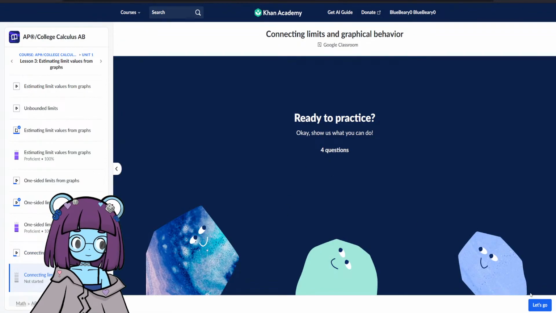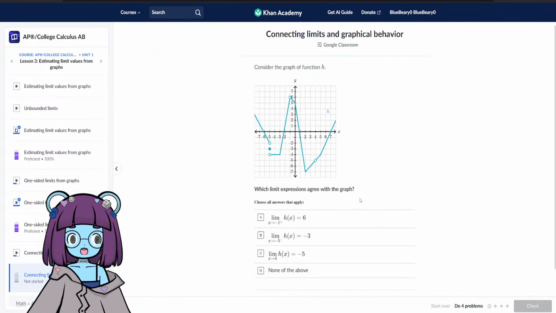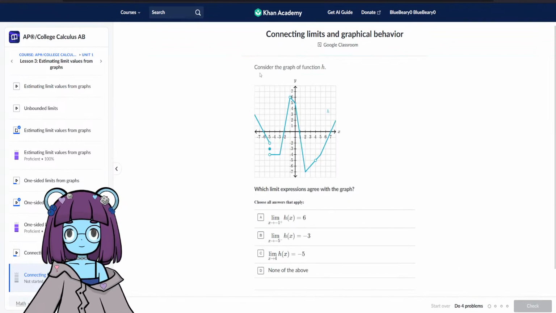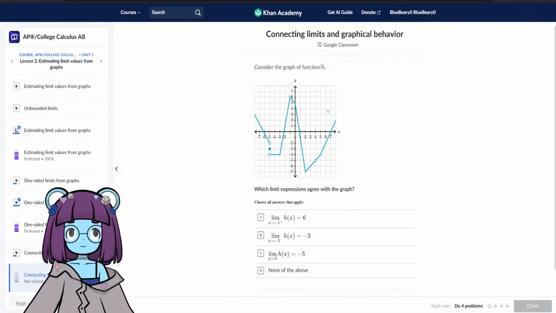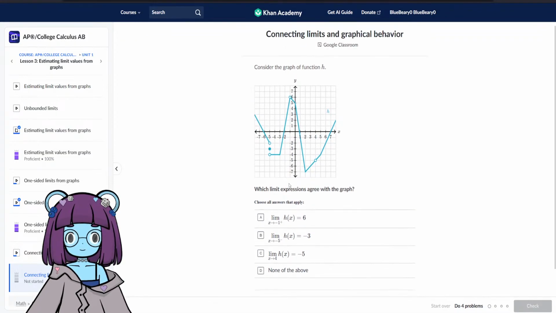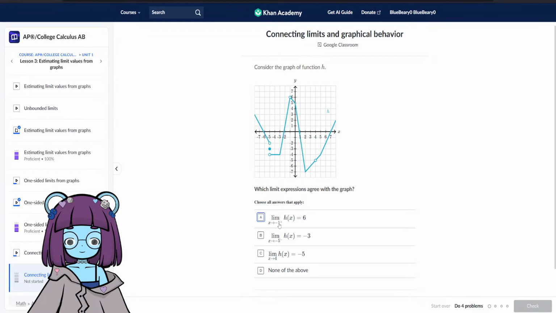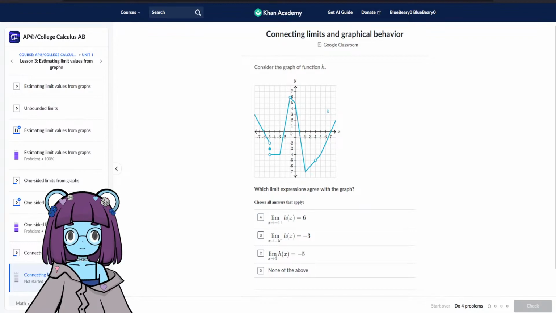Ready to practice? Yeah, let's go. Consider the graph of function h. Which limit expressions agree with the graph? Okay, as x approaches -1 from the right side, is it equal to 6?